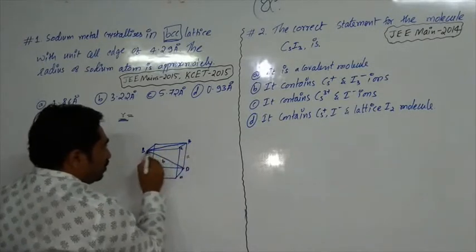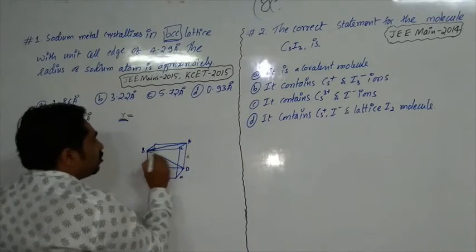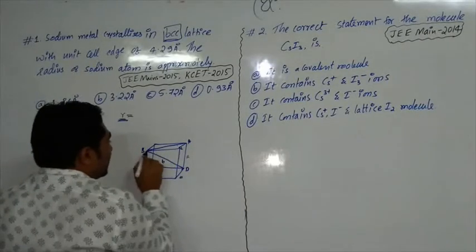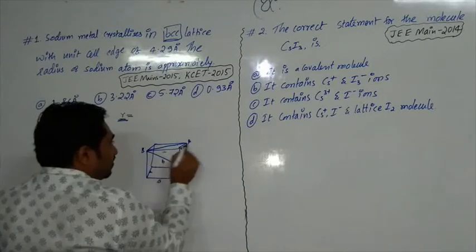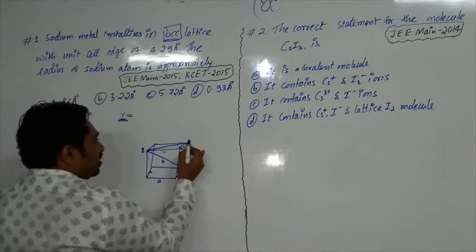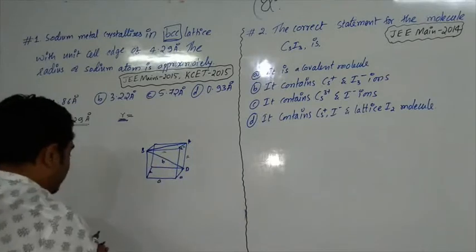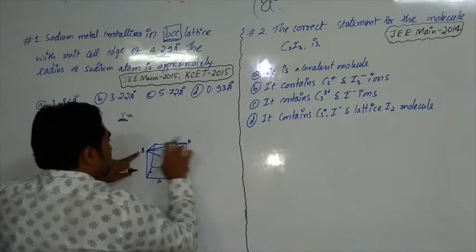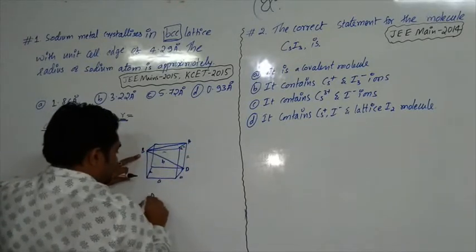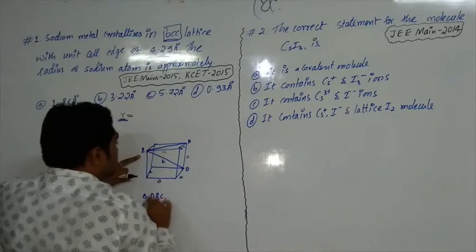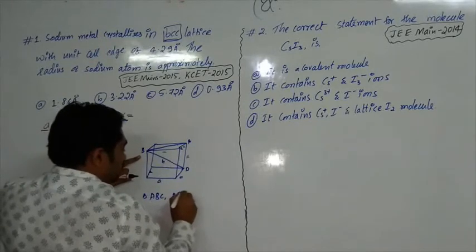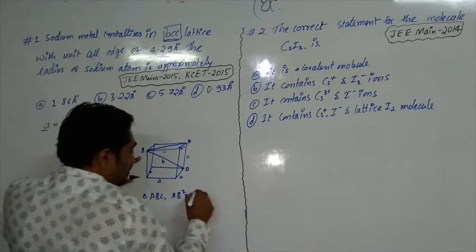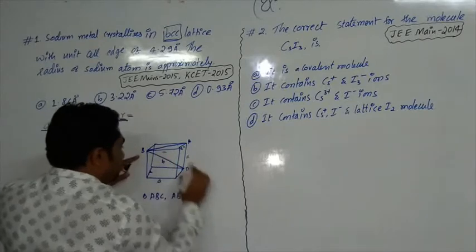If you know the length of A to B and A to D, how to calculate the length of A to B? The length of A to B is calculated by applying the Pythagoras relation again in the triangle ABC. In this triangle ABC, AB square is equal to AC square plus BC square.